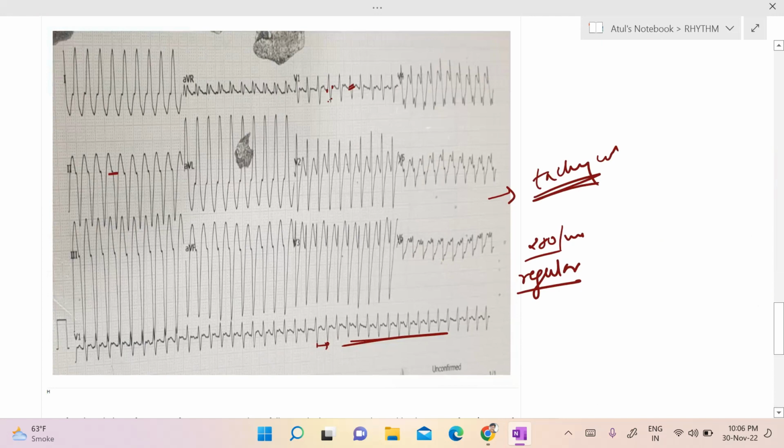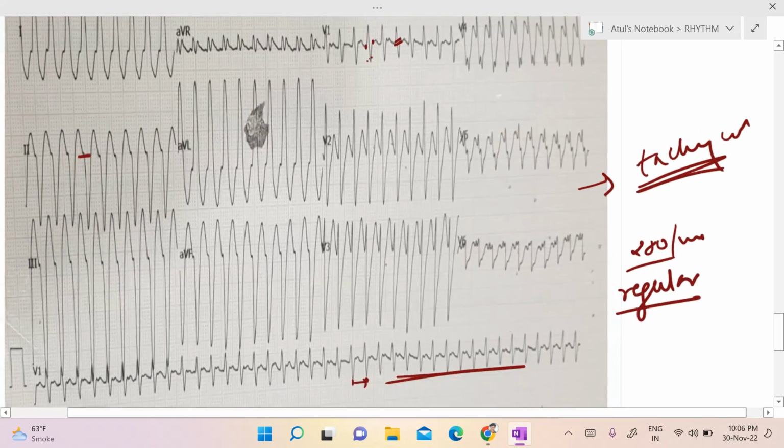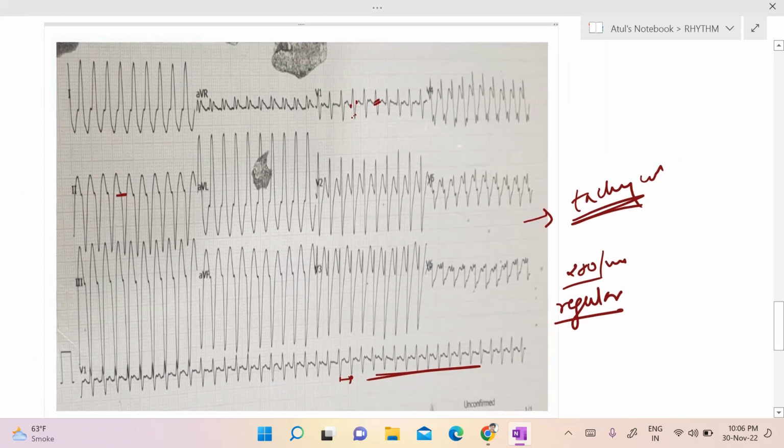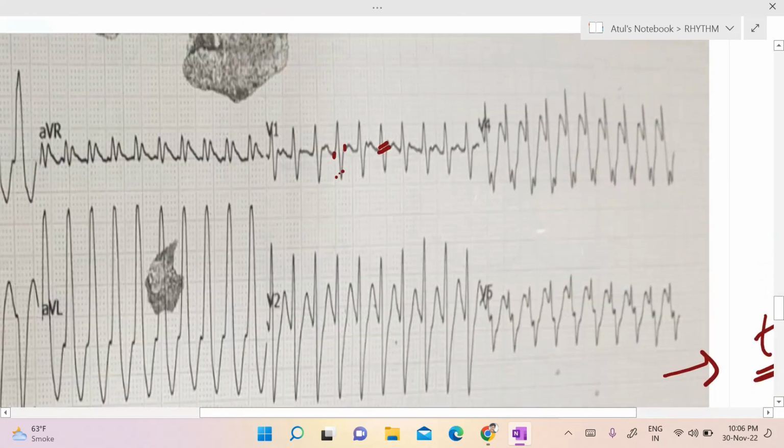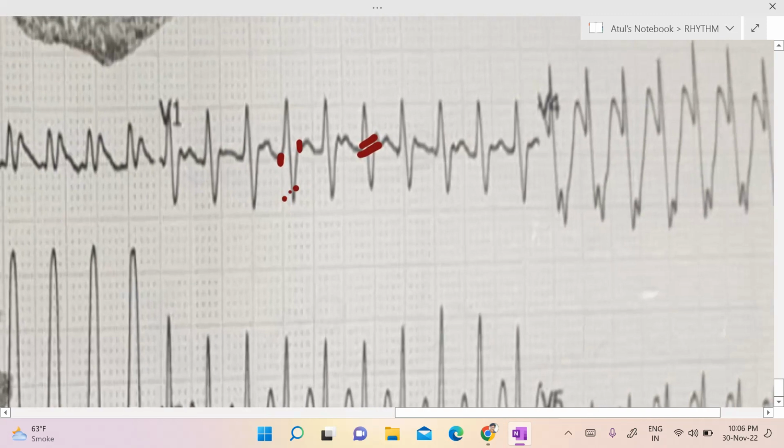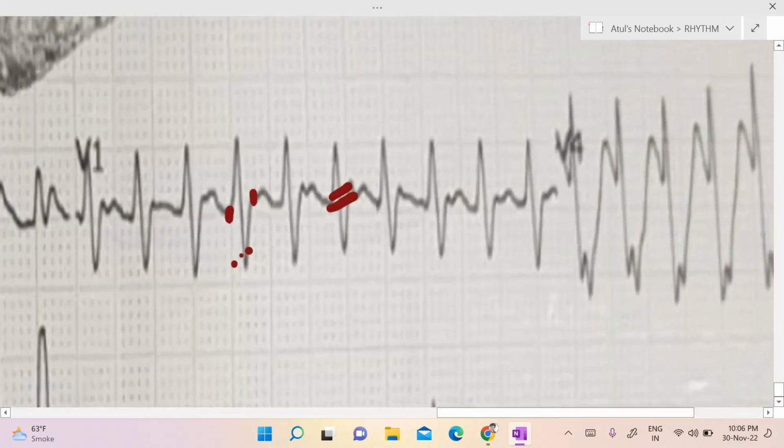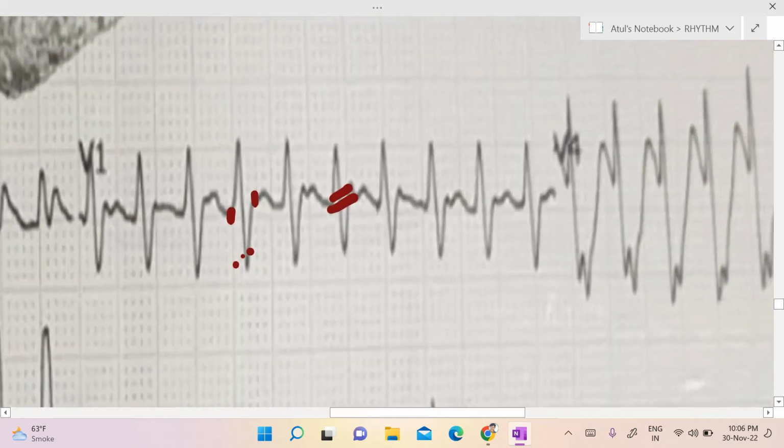In practice, such ECGs don't exist. If you don't find any sign on the ECG, consider it VT, unless you can show SVT with evidence. So the first point is that this is a broad complex tachycardia, occurring regularly.